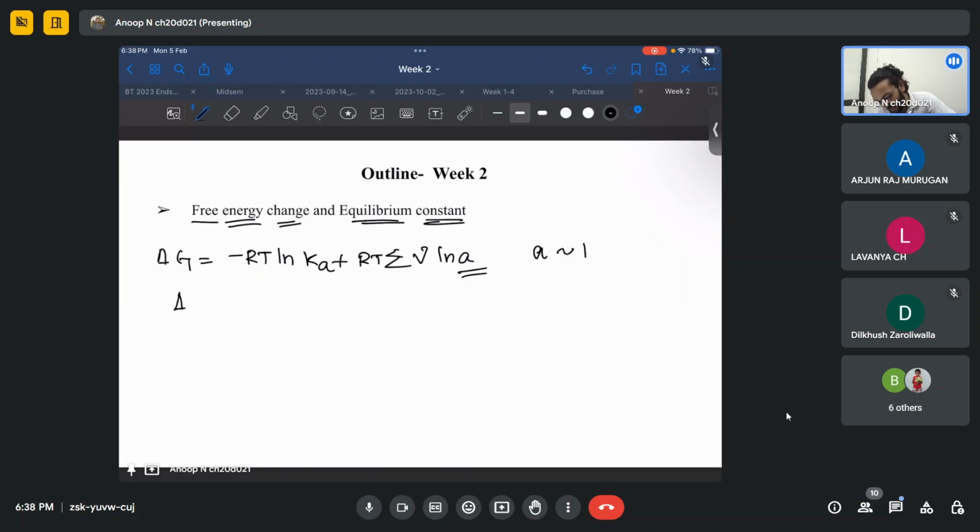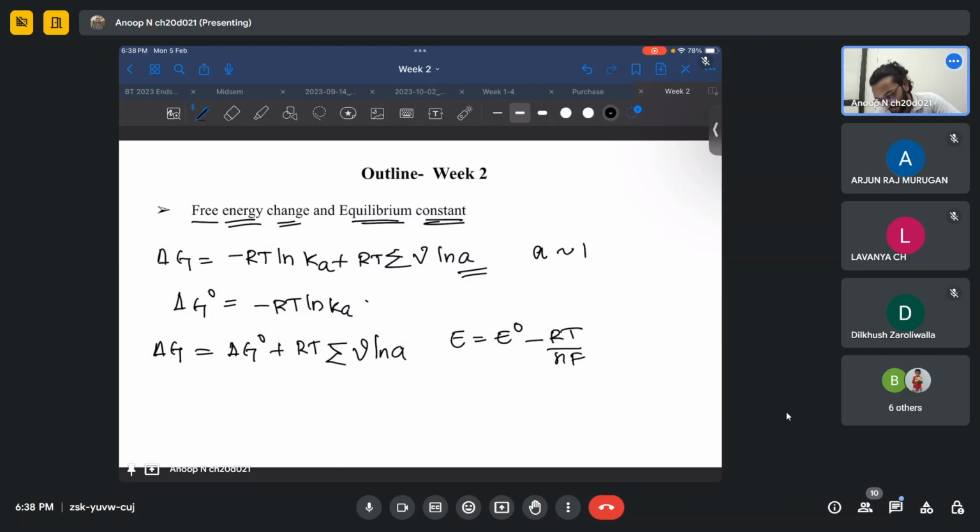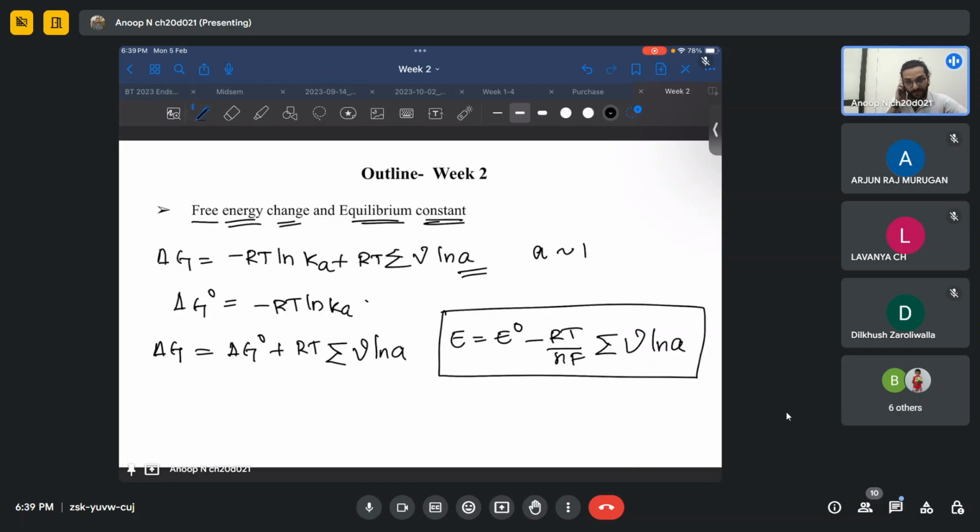So we can write ΔG0 is equal to minus RT ln Ka. Simplifying, ΔG is equal to ΔG0 plus RT Σν ln a. So we can write E is equal to E0 minus (RT/nF) Σν ln a. Is it okay?